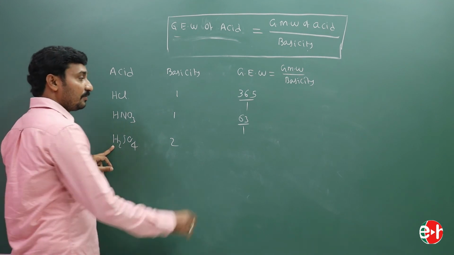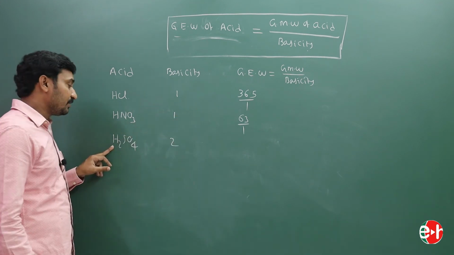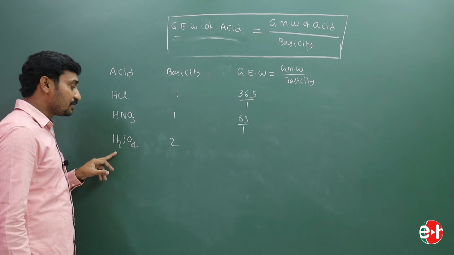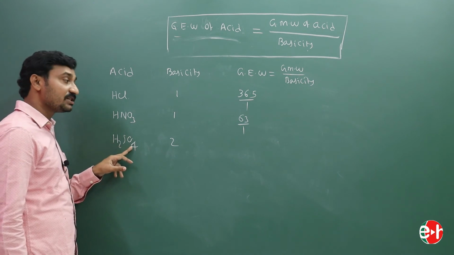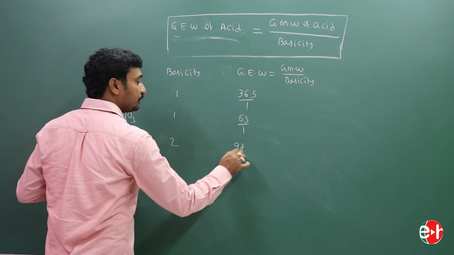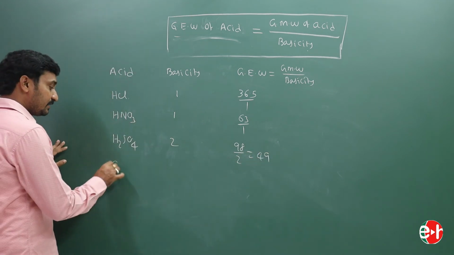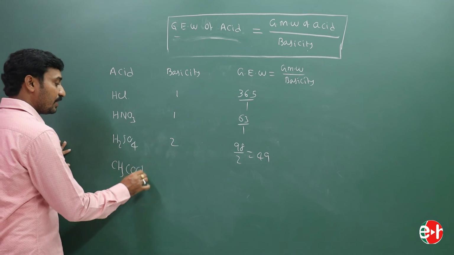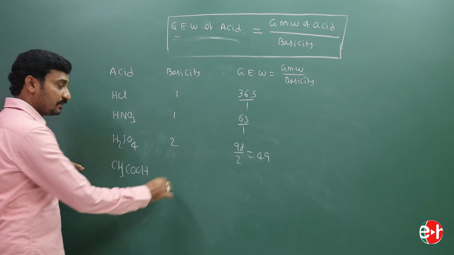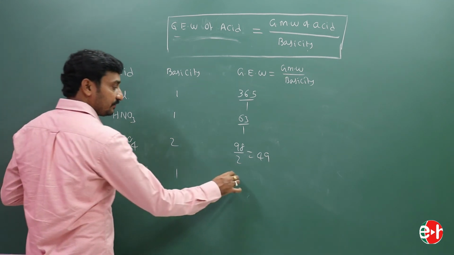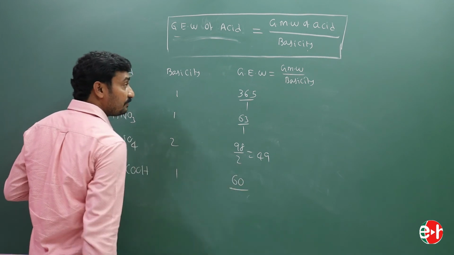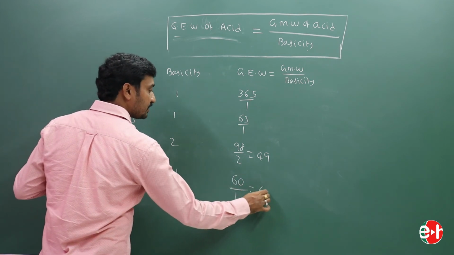That's why gram equivalent weight: molecular weight of H2SO4 is 2 plus 32 plus 64, 98, by 2, that is equal to 49. Acetic acid, CH3COOH, basicity 1, gram equivalent weight is gram molecular weight 60 by basicity 1, that is equal to 60.